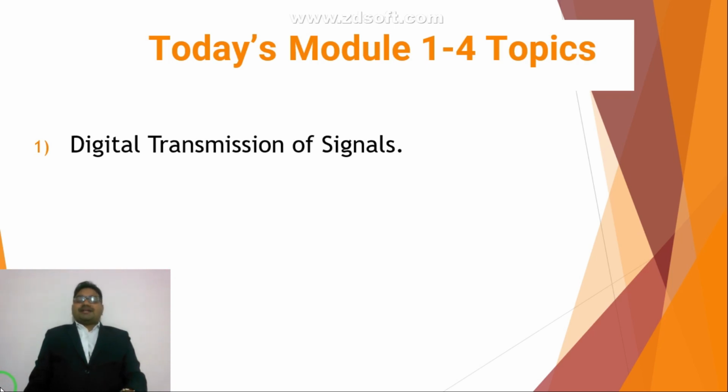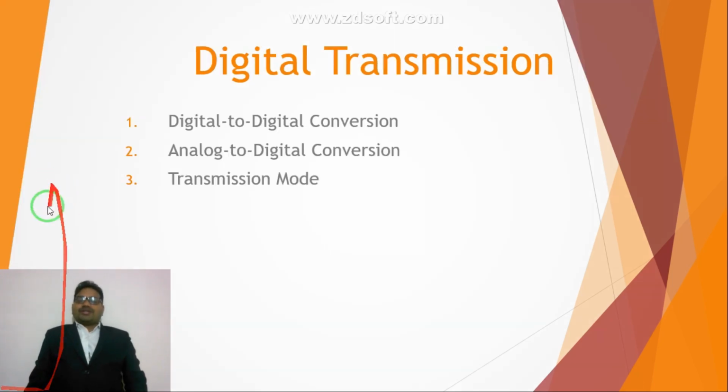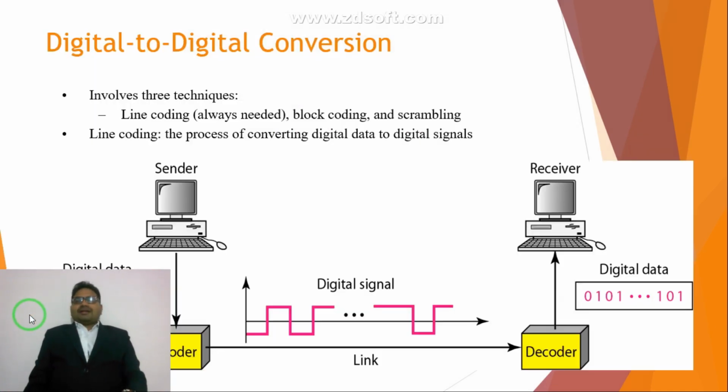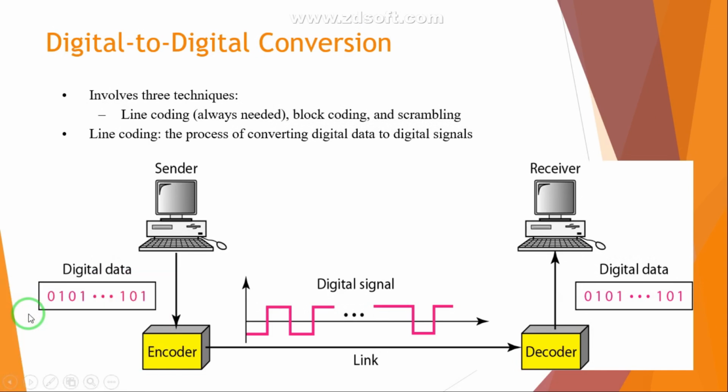Today's topic is digital transmission of signals. It means we are going to study digital to digital conversion and analog to digital conversion. For a computer, we have digital or binary data in the form of 1 and 0. We have to encode this digital data into a digital signal.